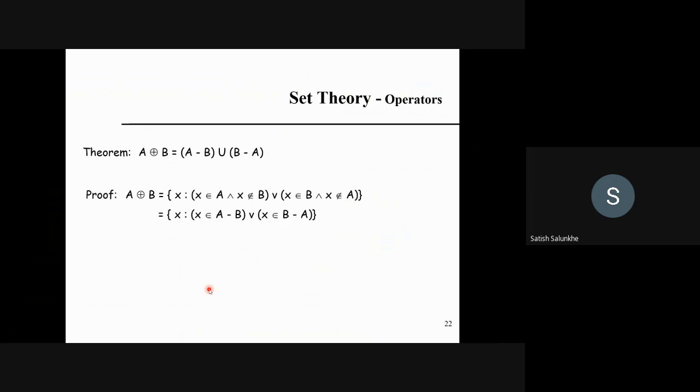This is the proof of how you can show that this is equivalent to this. If you want to prove that A symmetric difference B is equal to A minus B union B minus A, what is A symmetric difference B?